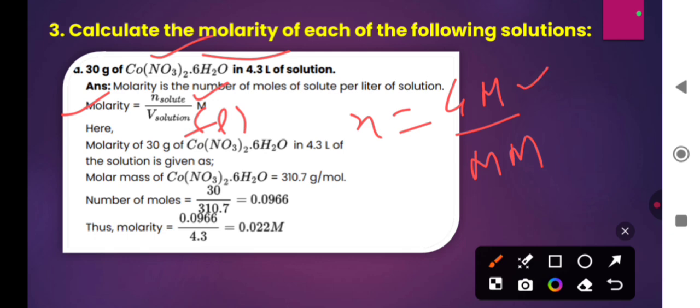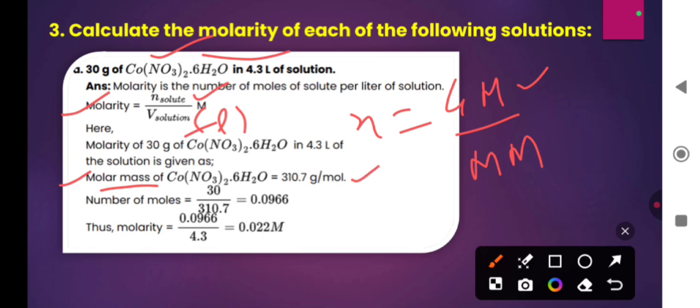So moles of this compound: cobalt nitrate with 6 water molecules is given. Actually, in the exam you will get the molar mass of each element, and by using that you can solve. It has already been solved here. Molar mass of cobalt nitrate 6H2O is 310.7 gram per mole.